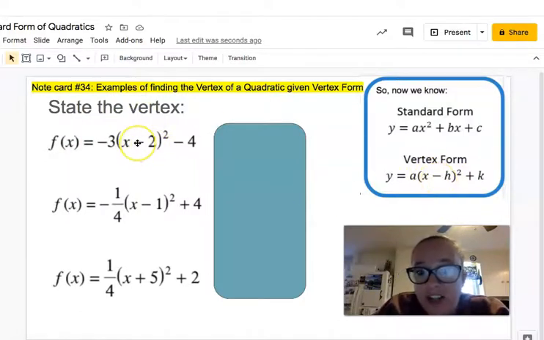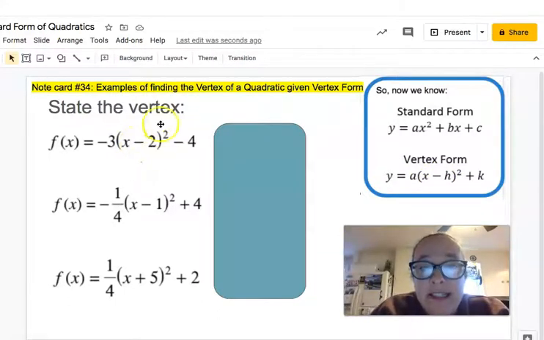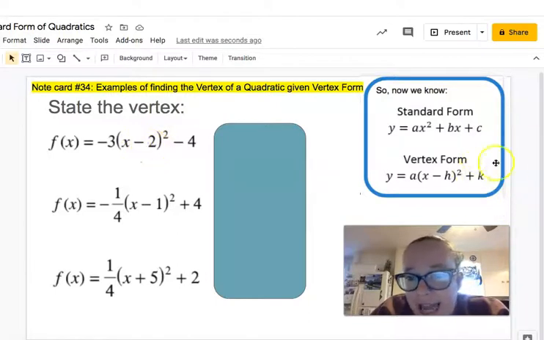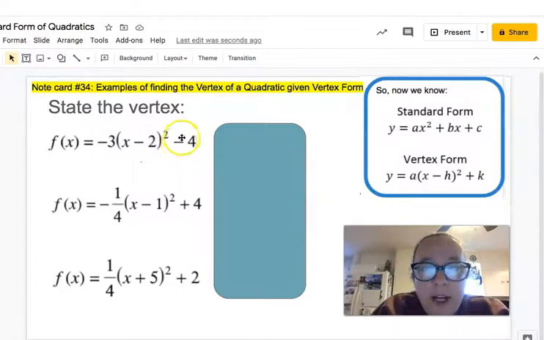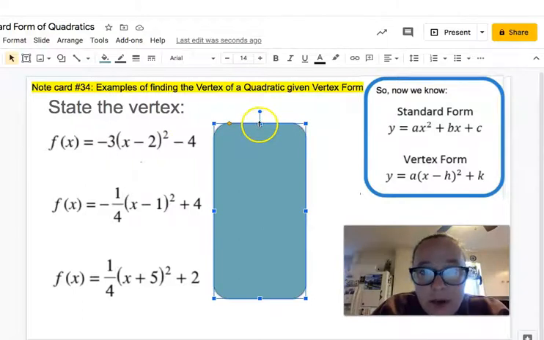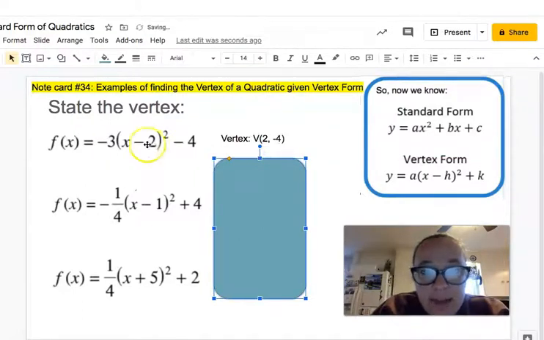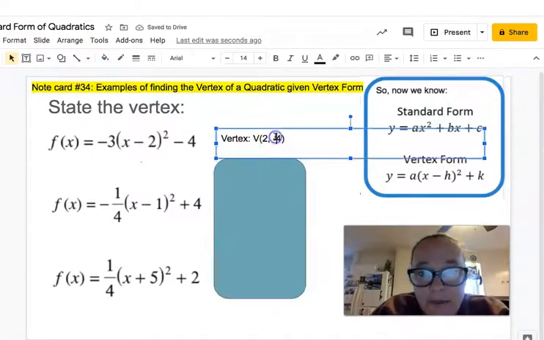So you would have to change the sign of the thing that's embedded inside the parentheses. I also like to call this ZPP, where we take this parenthesis and we just set it equal to 0. So the H value would be 2, and the K in the vertex form is a plus K. So it'll just take on whatever value it has here. So that's a negative.